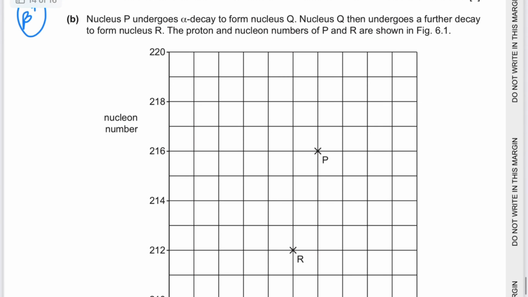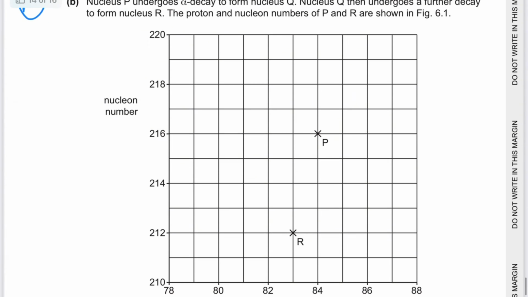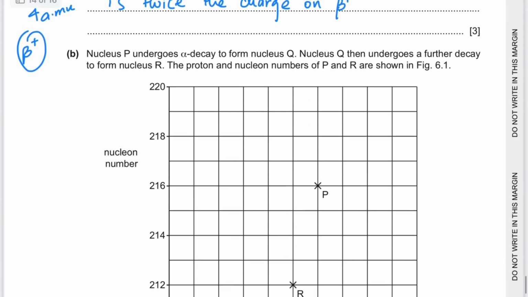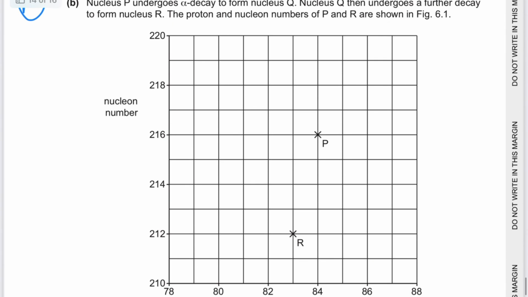Nucleus P undergoes alpha decay to form nucleus Q. The proton and nucleon numbers of P and Q are shown. So P, with nucleon number 216 and proton number 84, will undergo alpha decay.